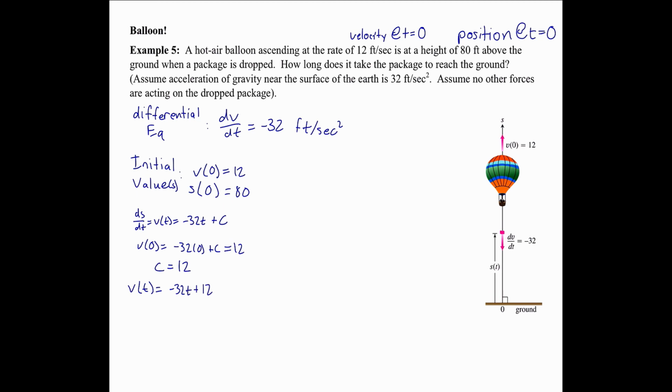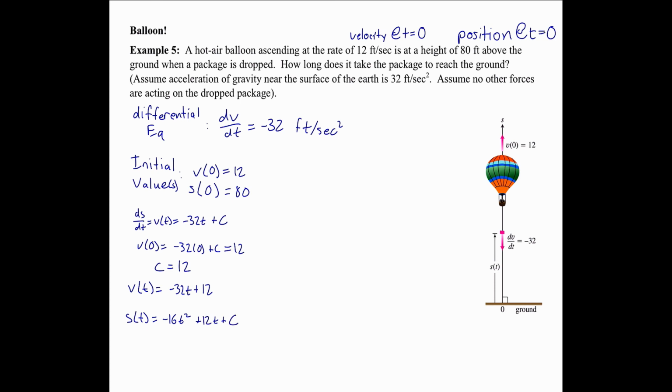Now we actually have another differential equation, because remember that this is just the change in position with respect to time. Let's do it one more time and figure out what the position function is by taking the antiderivative of the velocity. The position function would then be s of t, which is equal to negative 16t squared, just using that formula from before, plus 12t plus a constant.